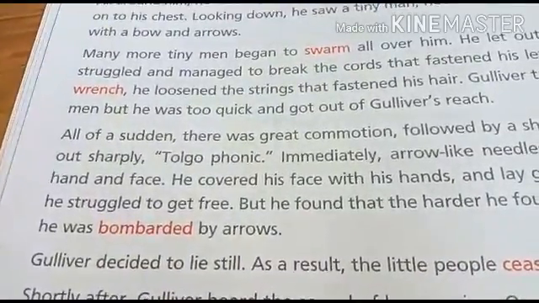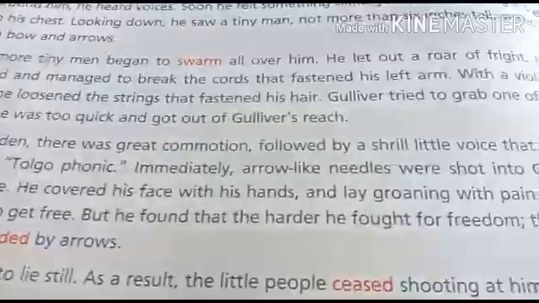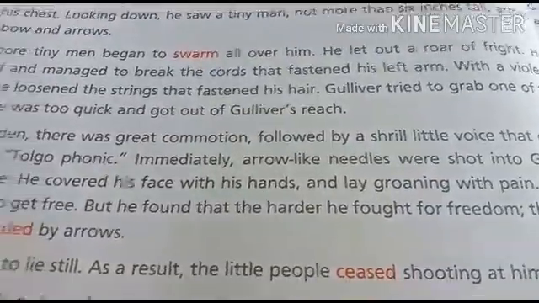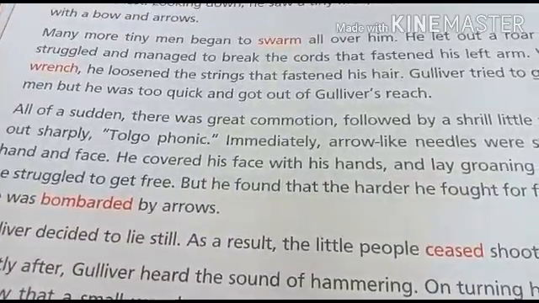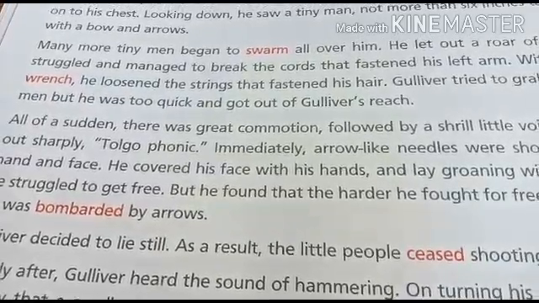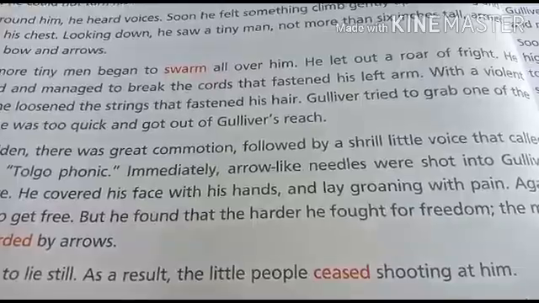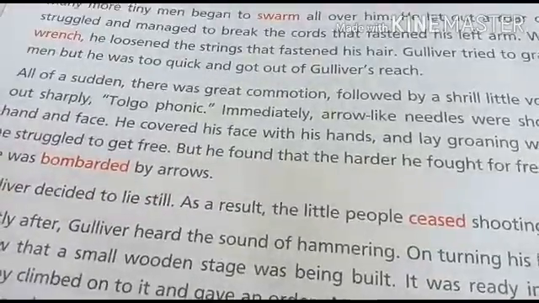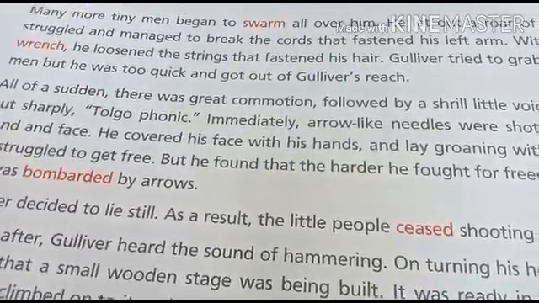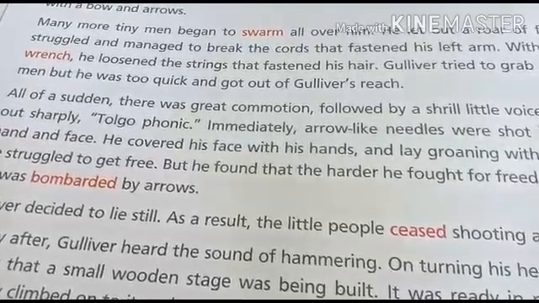He struggled and managed to break the cords that fastened his left arm with a violent wrench. He loosened the string that fastened his hair. Gulliver tried to grab one of the men, but he was too quick and got out of Gulliver's reach.